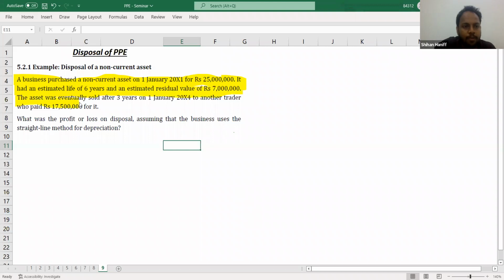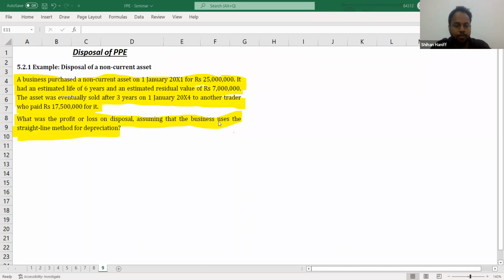The asset was eventually sold after 3 years on 1st of January 2004 to another trader who paid 17,500,000 for it. What was the profit or loss on disposal? Assuming that the business uses the straight line method for depreciation. So let's calculate the disposal profit.